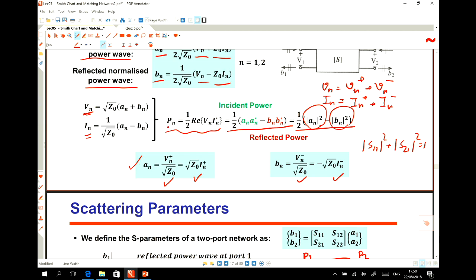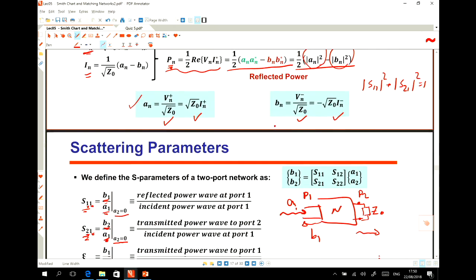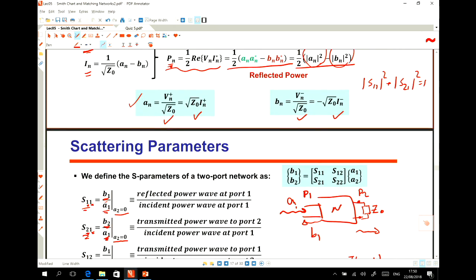Find it from these: write down the power formulas, and then insert the A and B, insert the S11 and S21, and see why this is equal to 1. Assume that there is no loss in the network. You can prove it based on this formula.